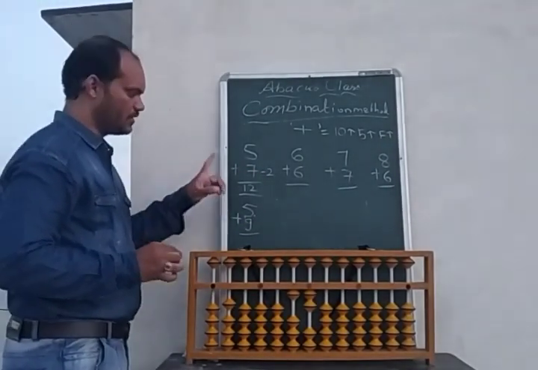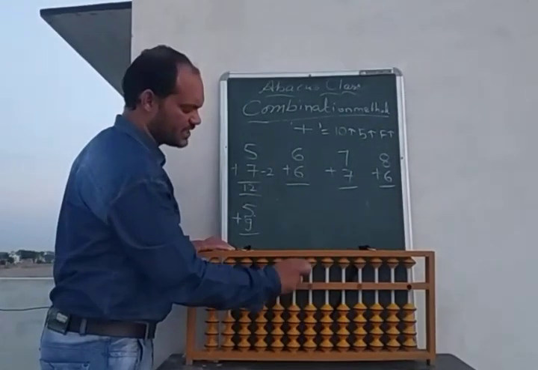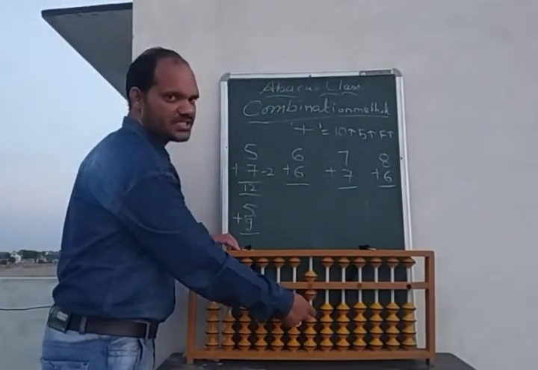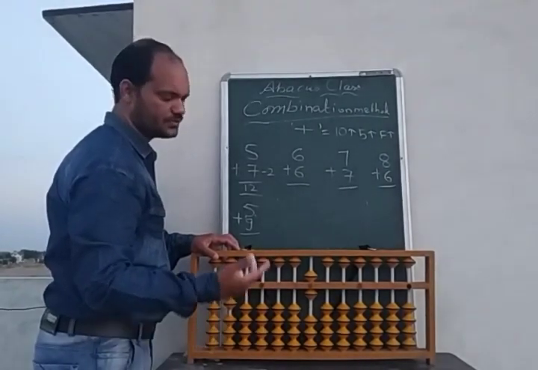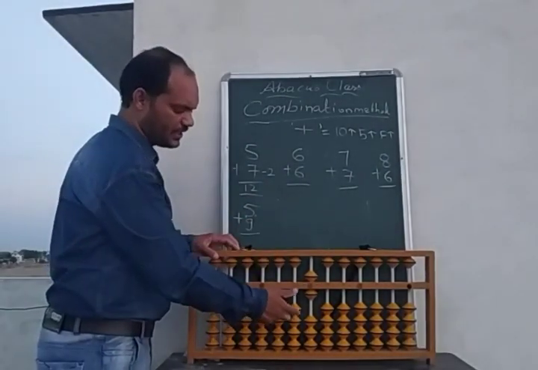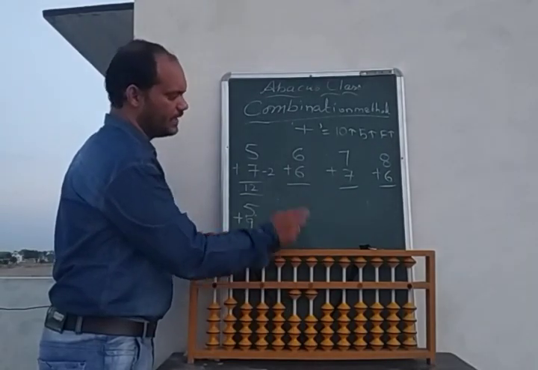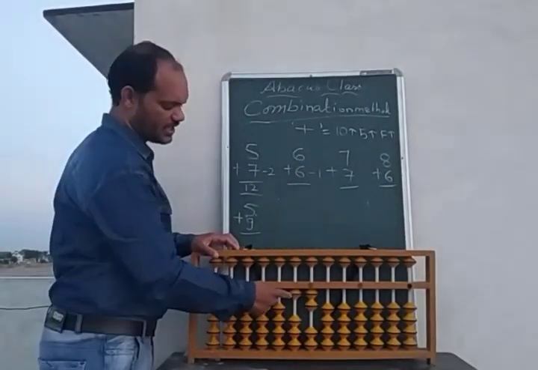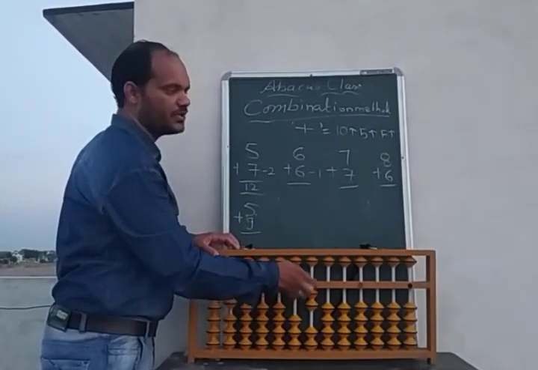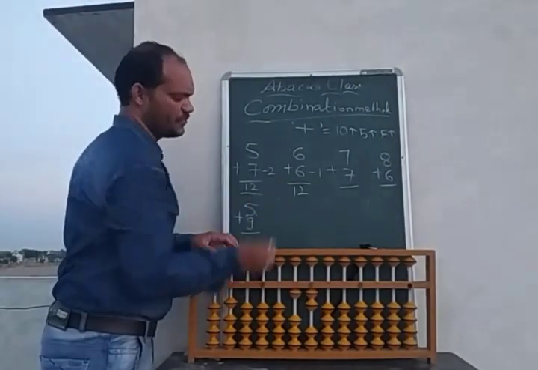Understood? Now one more problem. 6 plus 6. We won't have a 6 friend in big friend, we can't take it. So now we are taking combination. Again 10 up, 5 up, and the 6th friend is 1, so we will up 1. Now again you can see 1 on tens and 2 on units. So it is 12.